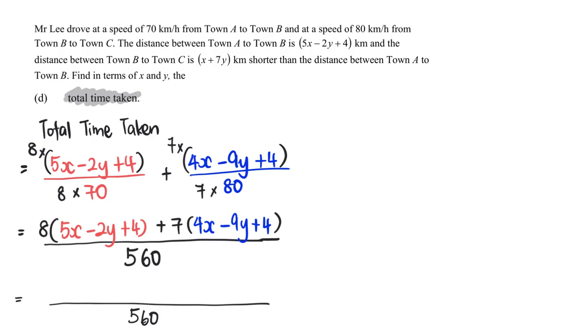Again, before I do that, I'm going to write the denominator first. And at this point, do take note that I am going to multiply in. So 8 times 5 will be 40x. Negative 16y. And this will give me positive 32. Positive 7 times positive 4, positive 28x.